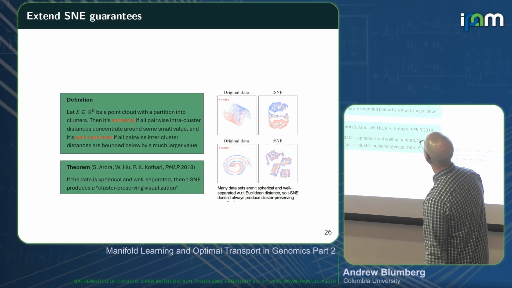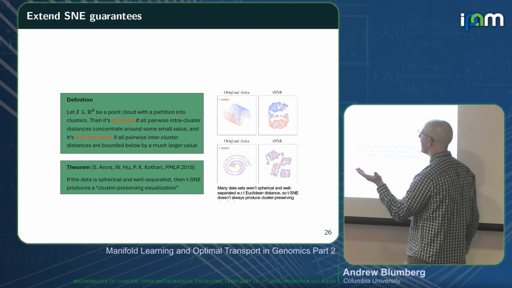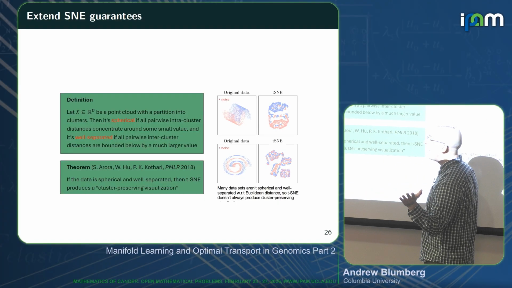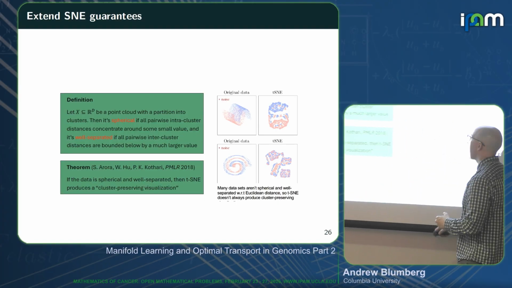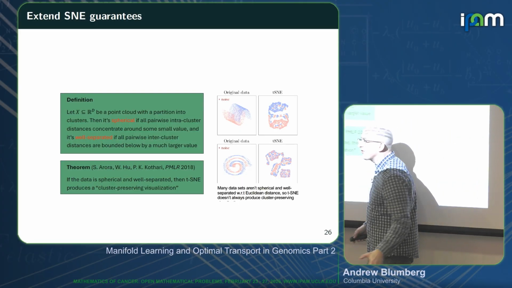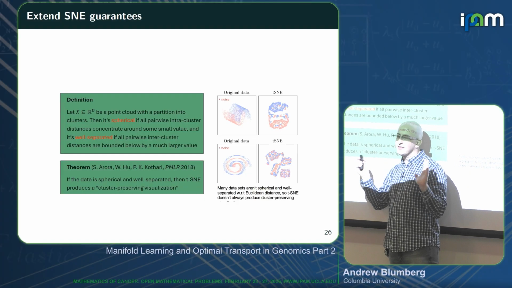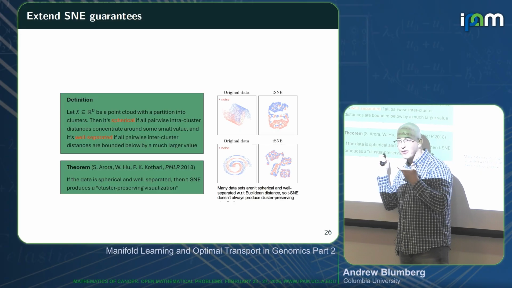What's cool about this is that it let us extend guarantees for when TSNE works. There are these nice theorems by Arora, Hu and Kothari, and I think other people, that under niceness hypotheses, SNE preserves cluster structure. I mean, we all know lots of examples where it doesn't, but sometimes it does.